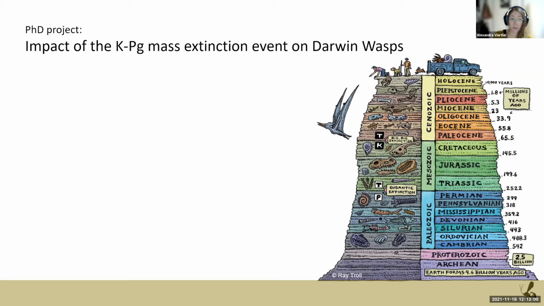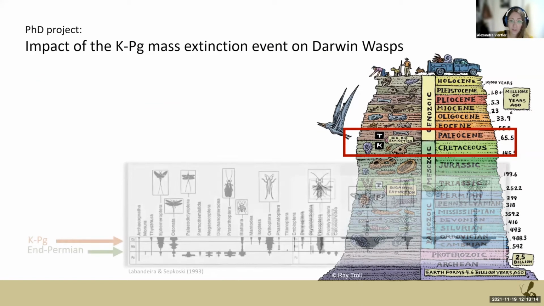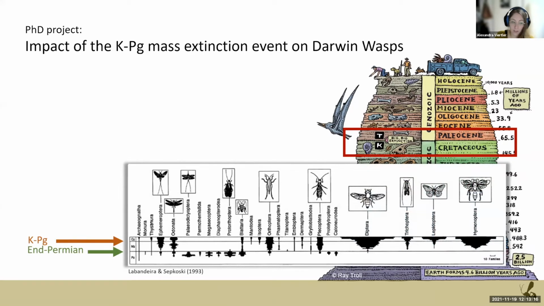My PhD project, what I'm actually trying to do, is assess the impact of the last big mass extinction event on those wasps. The KPg mass extinction event was 66 million years ago. That's also the event when the last non-avian dinosaurs went extinct. It's interesting because it was long thought that this event had no impact on Hymenoptera in general.